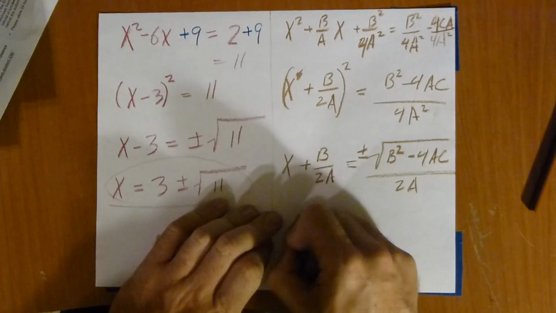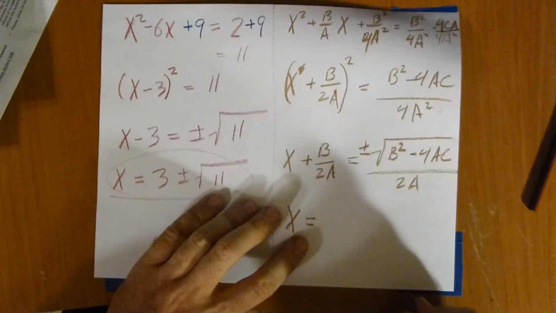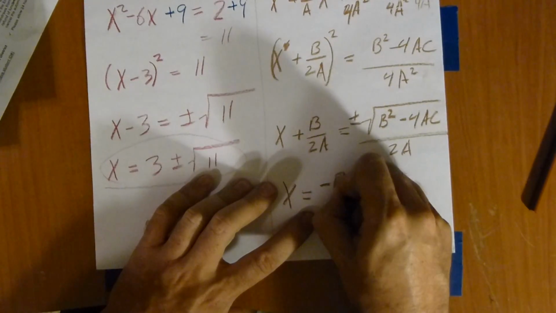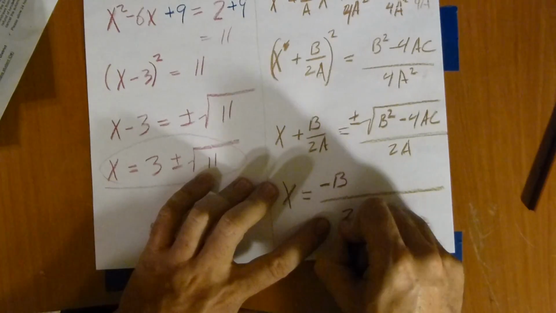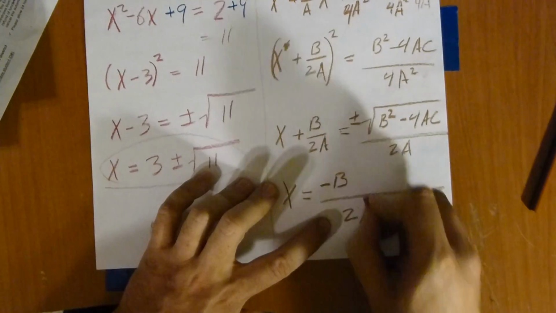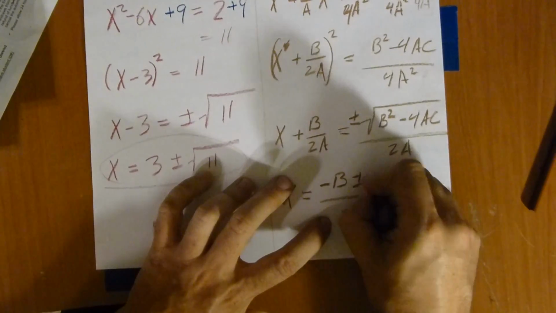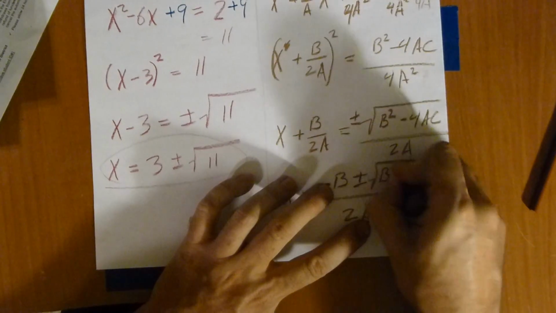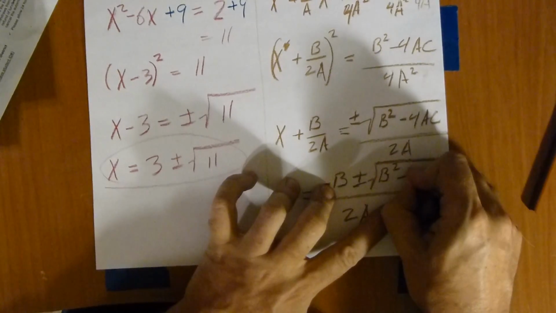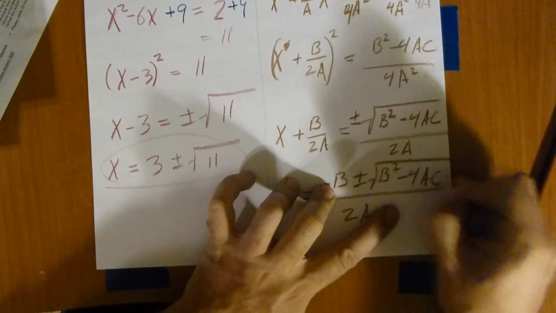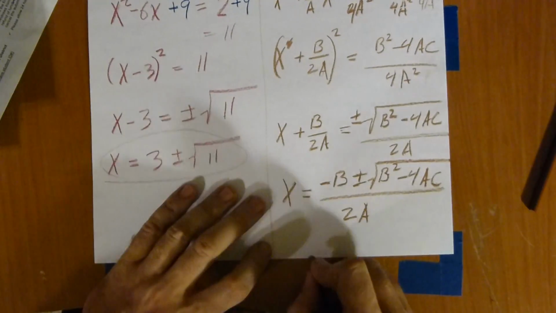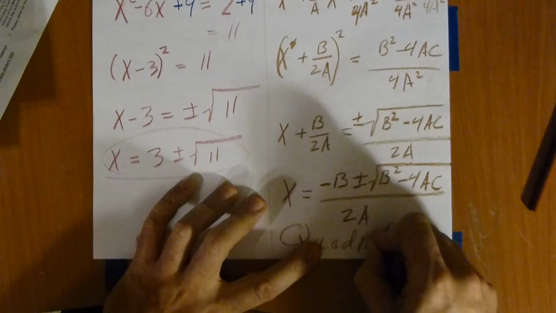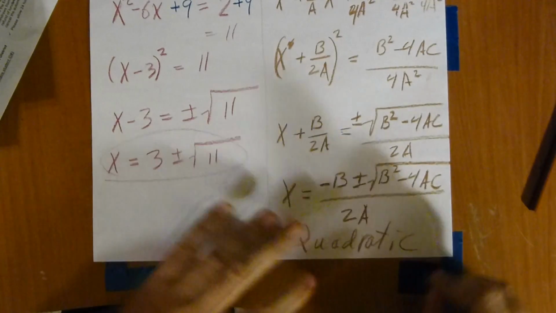Put it together now, I have x equals negative b, put the whole thing over 2a, plus or minus square root of b squared minus 4ac. We have the quadratic formula.